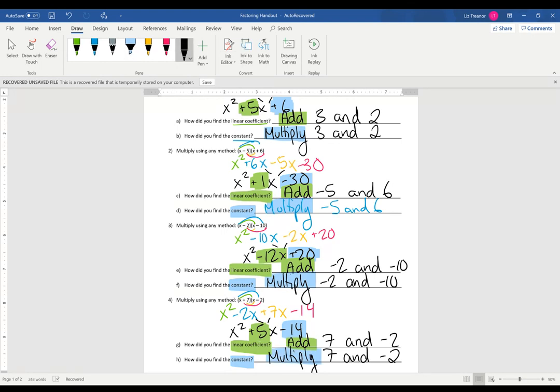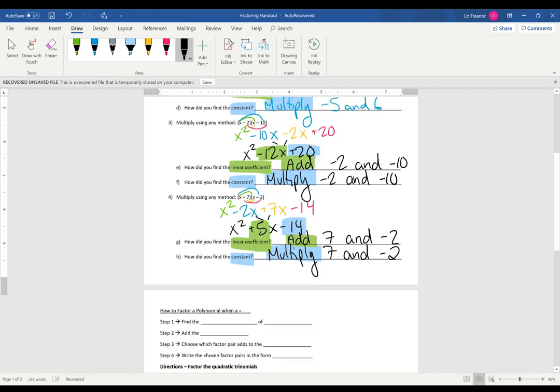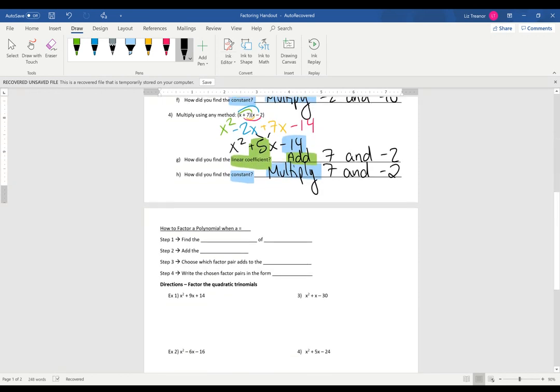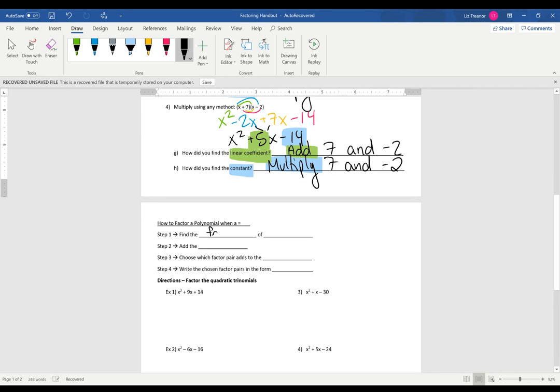And this is going to prove very important when we're factoring, because this means we are just going to be able to go backwards. To find the two numbers that multiply to the constant, we're going to find the factors of the constant. Once you find the factors of the constant, you're going to add the factor pairs and choose which factor pair adds to the linear coefficient.